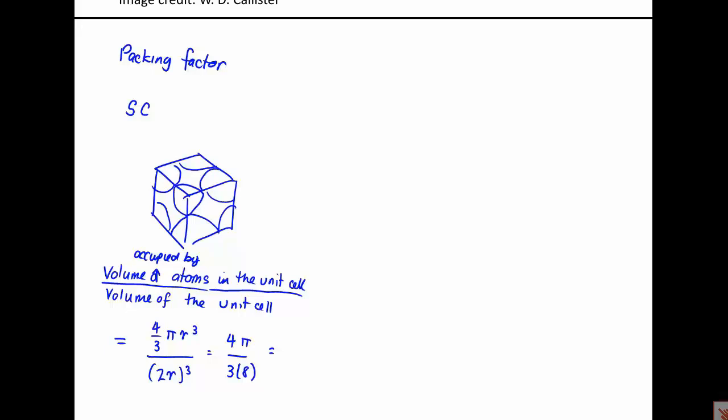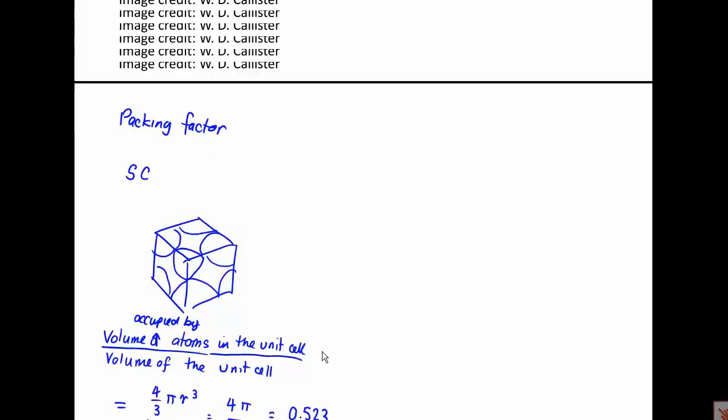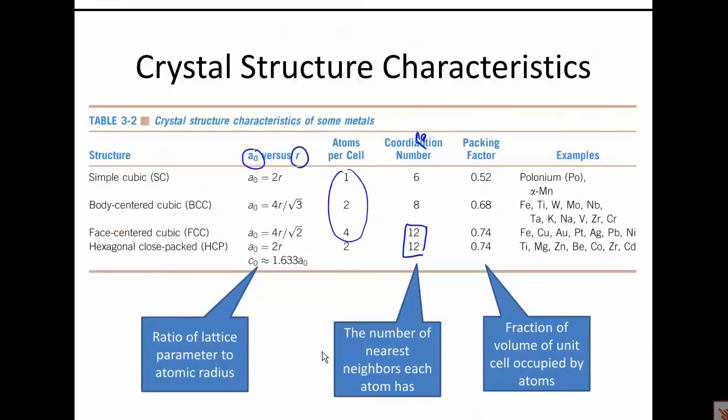So if we do 4 times pi, that gives me the answer 0.523, and that agrees with the table over here.